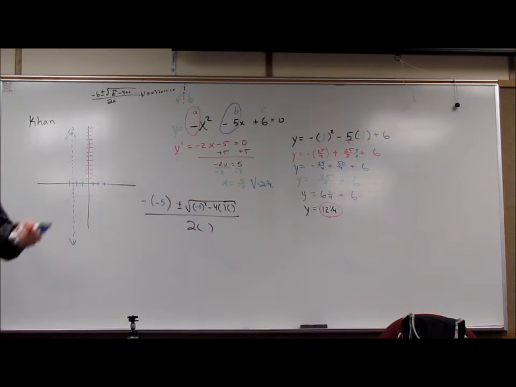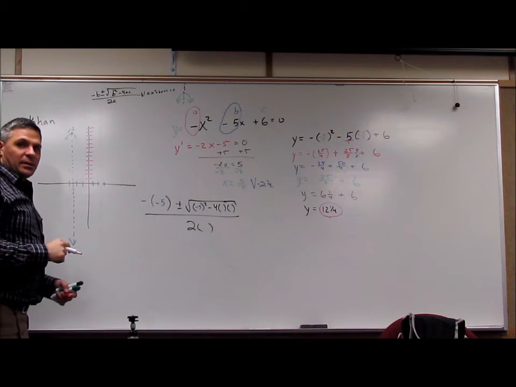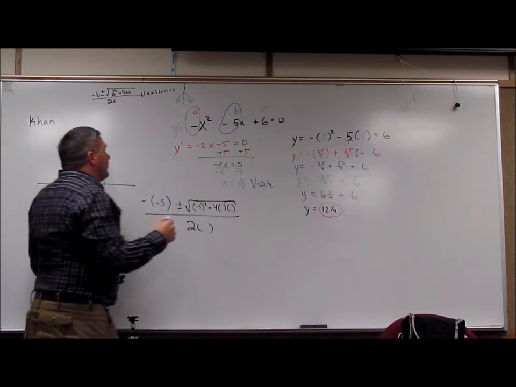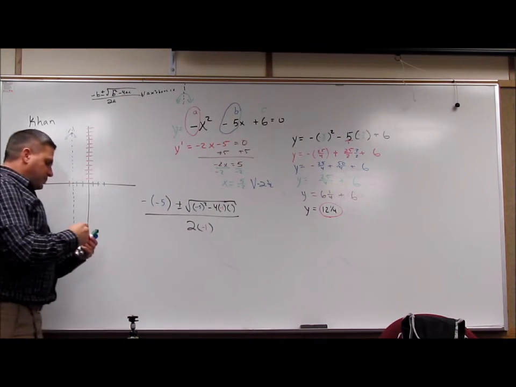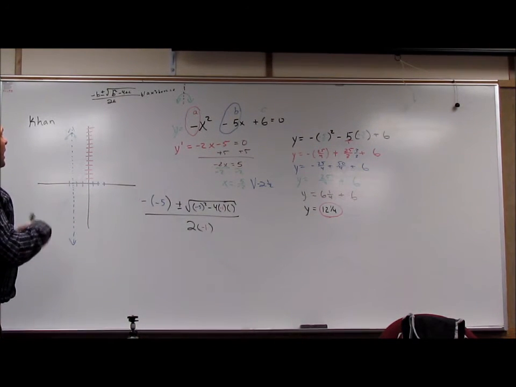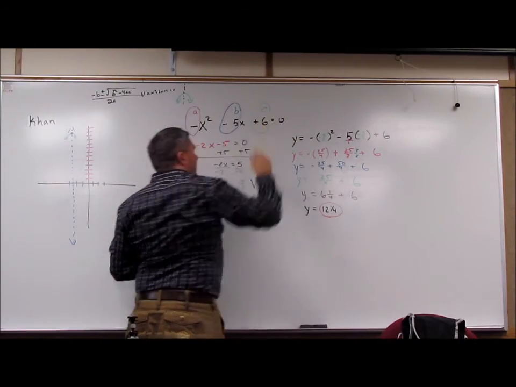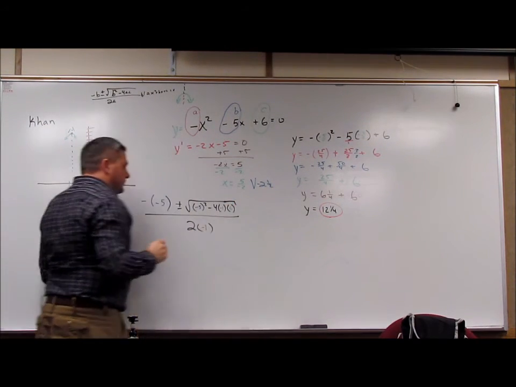Is it just negative, or is it negative 1? Negative 1. So negative 1 goes where the a's are, so negative 1 and negative 1. And then I put in my c's, and my c is this plus 6. So that 6 goes right here.